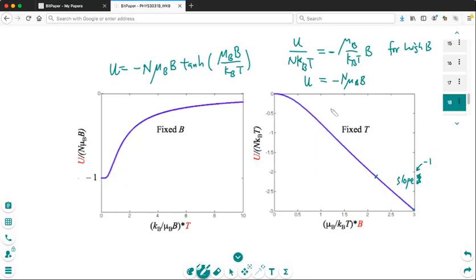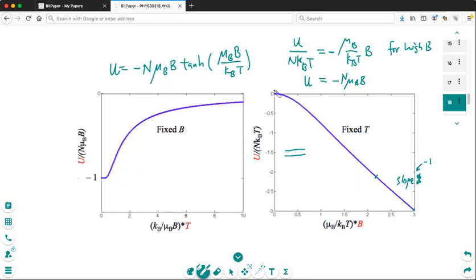Why? Because suppose you have two energy levels like before, at some field which is low. So let's say you have some low field here. Now you fix the temperature. So let's say we fix the temperature for this discussion, and 1 is when these two energy scales are comparable.